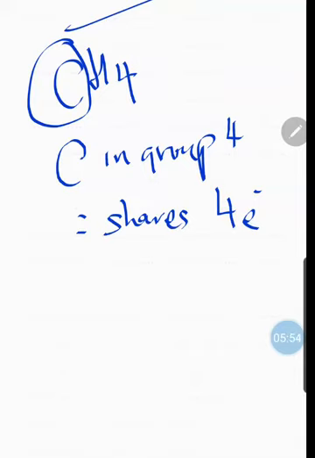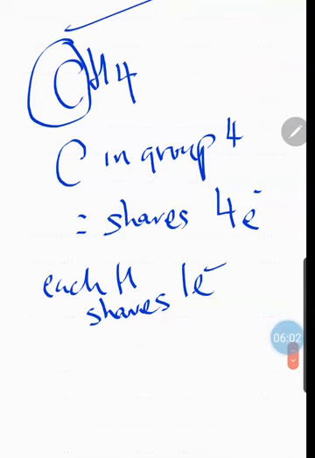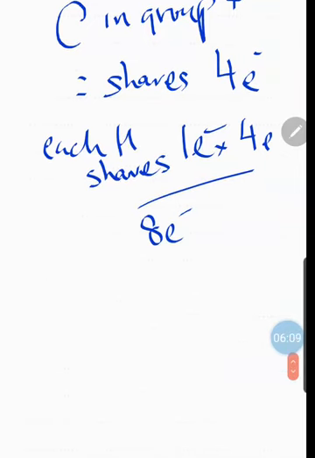It's on its own, in other words. Each hydrogen shares 1. So in total, we have 8 electrons involved in CH4, or the outer electrons are 8. Electrons go in pairs, so we have 4 electron pairs.